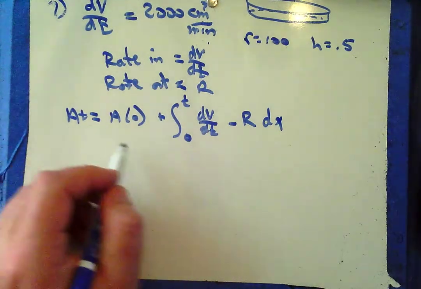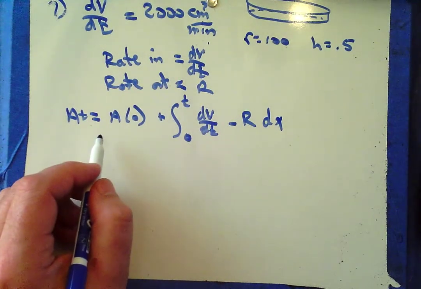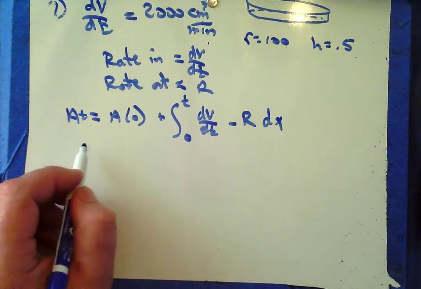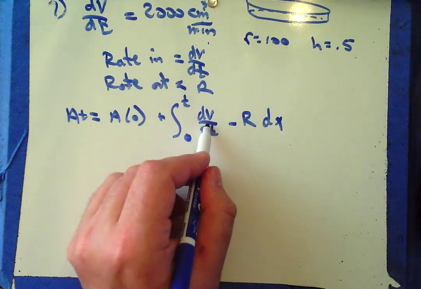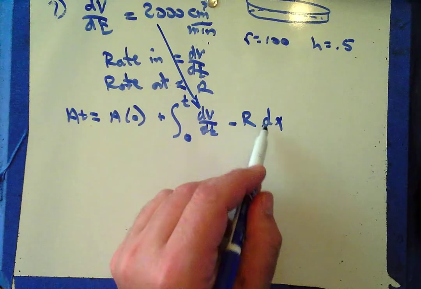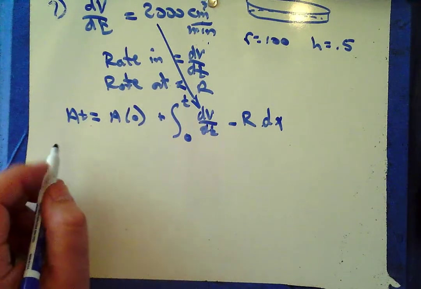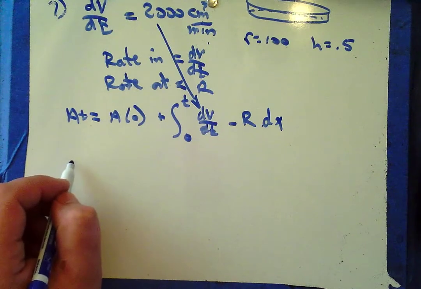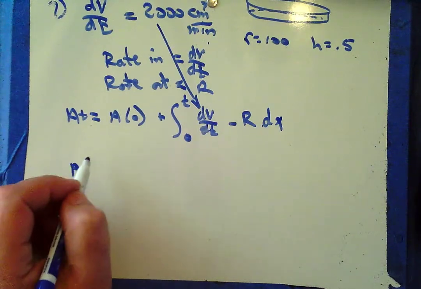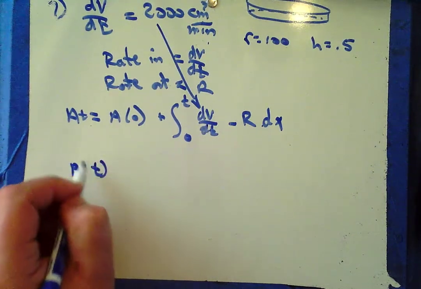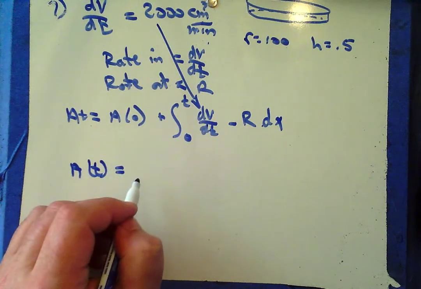And so this is our constant 2,000 minus R, and this is with calculator. Good. And do I know how big it is at time equal to 0?